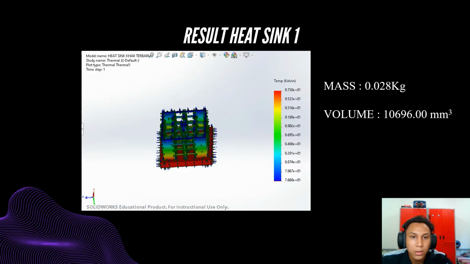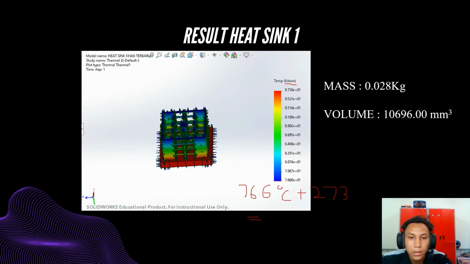Look at the result at the cold side, which is the blue side. The temperature is 76.6 degrees Celsius. This number represents degrees Celsius, not Kelvin. If we want the result in Kelvin, just add 273 and we get the Kelvin.